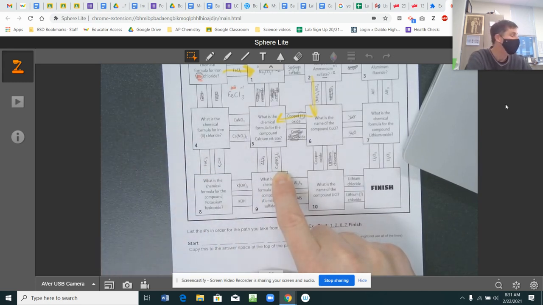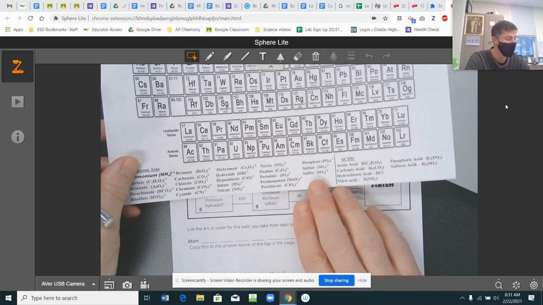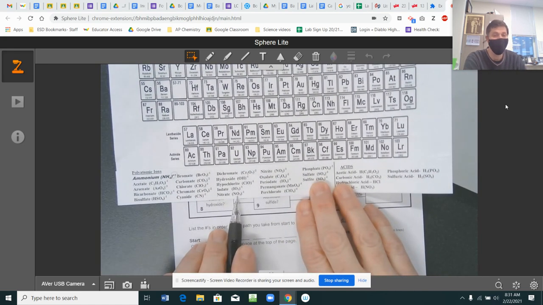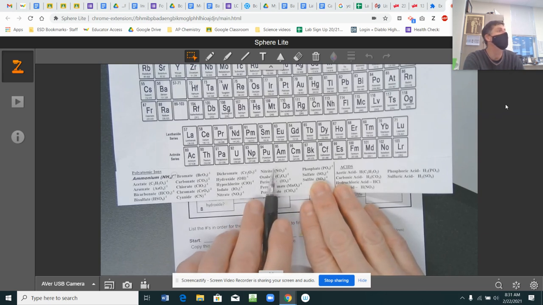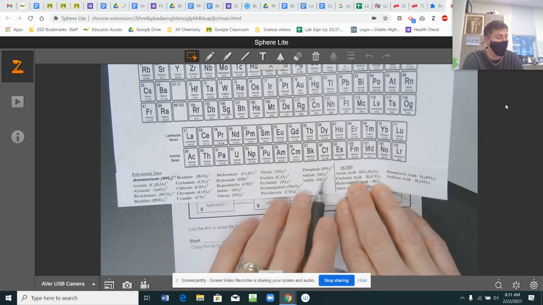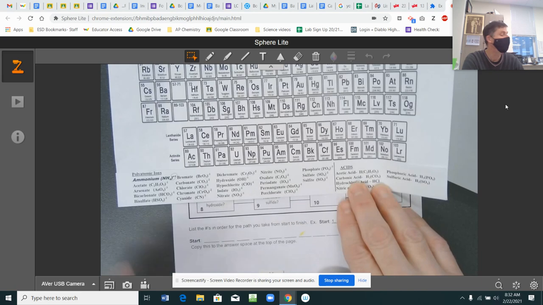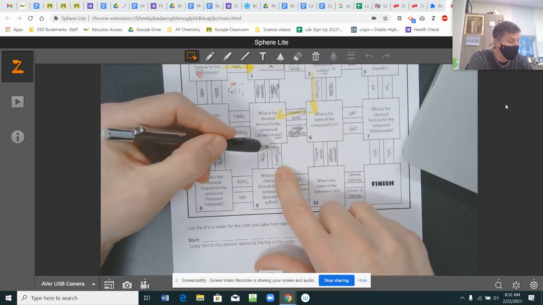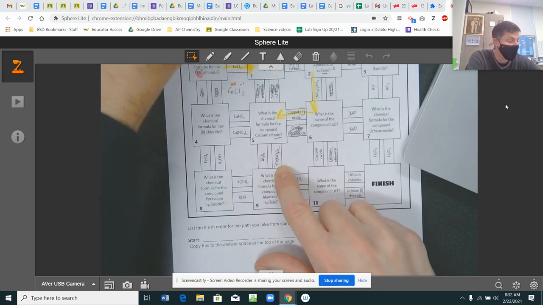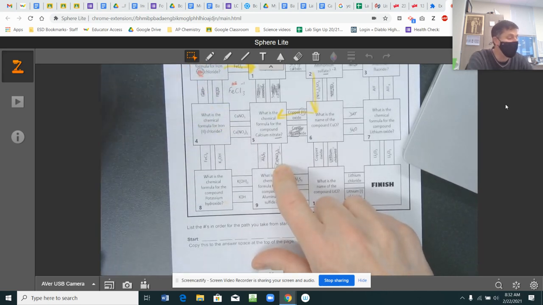If you look carefully on that chart, you have nitrate, which is NO3, but you also have nitrite, which is NO2. So you really got to read those carefully, just like you have sulfate and sulfite. So yeah, you were right and you ruled that one out. That was good. So the question is, is it going to be top or bottom?